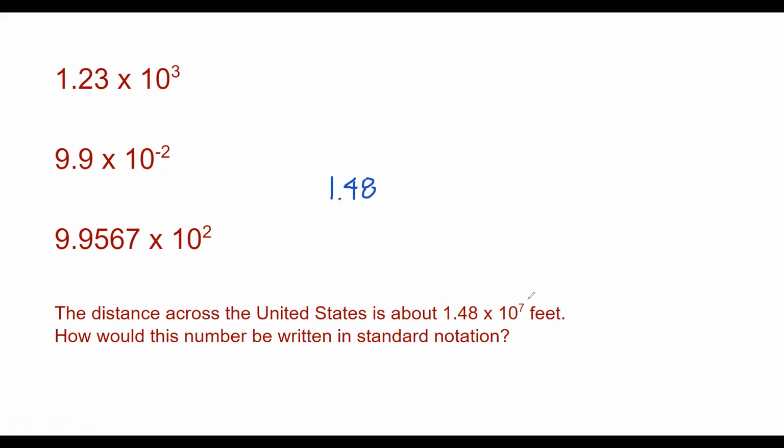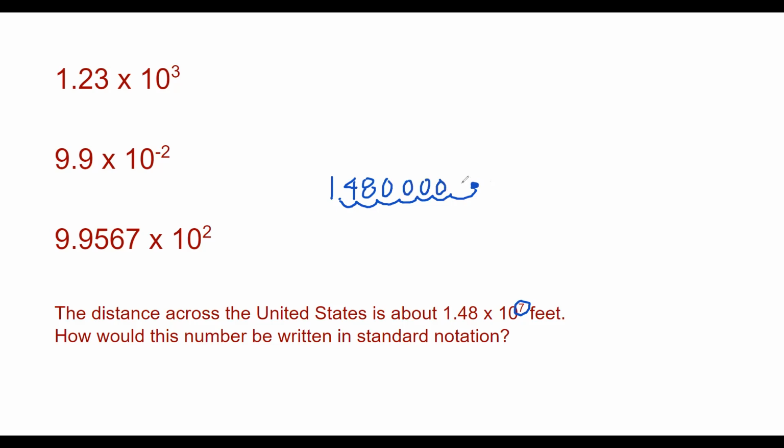And we need to move 7 places to the right. This is going to be a really big number. 1, 2, 3, 4, 5, 6, 7. Here's going to be our final decimal place, and we need to fill these all in with zeros.